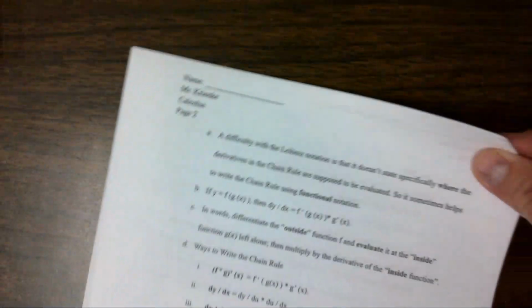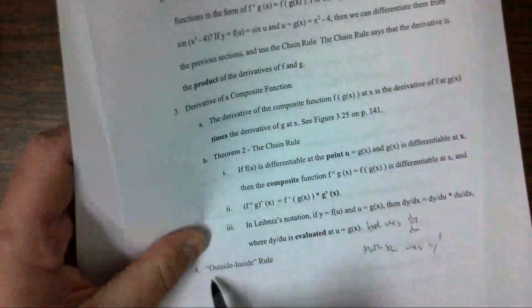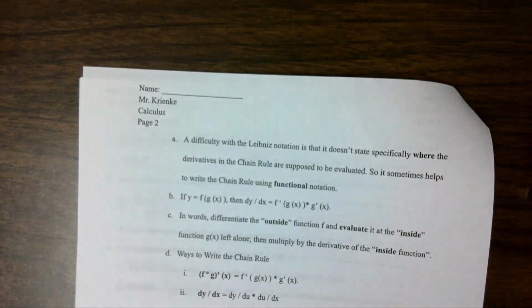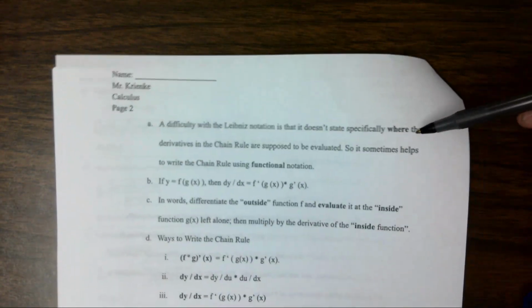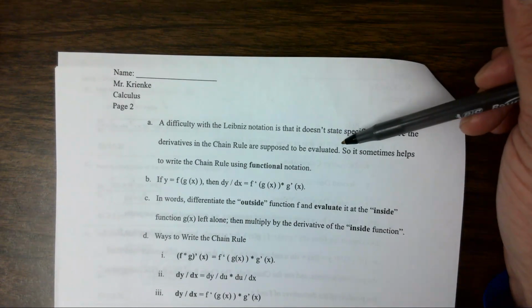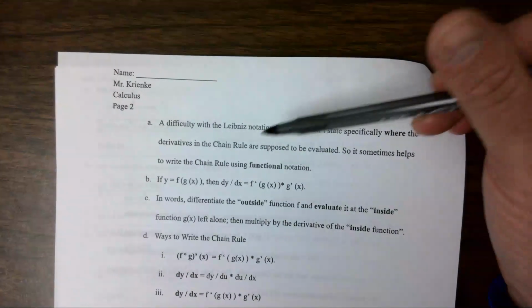So now we're going to talk about the outside-inside rule. So again, outside, inside. So the difficulty with Leibniz notation is that it doesn't state where the derivatives are supposed to be evaluated, and so you use function notation then.